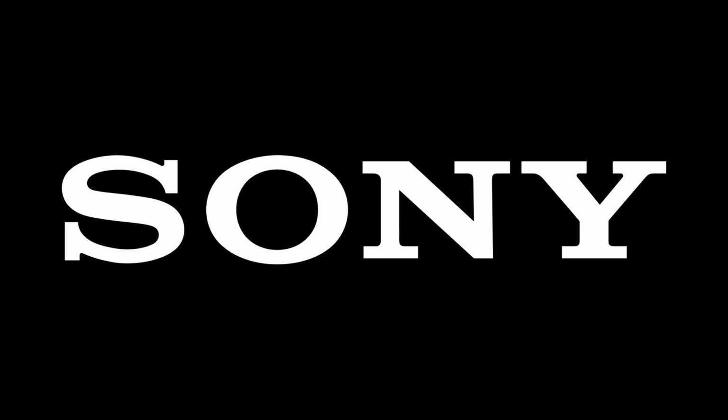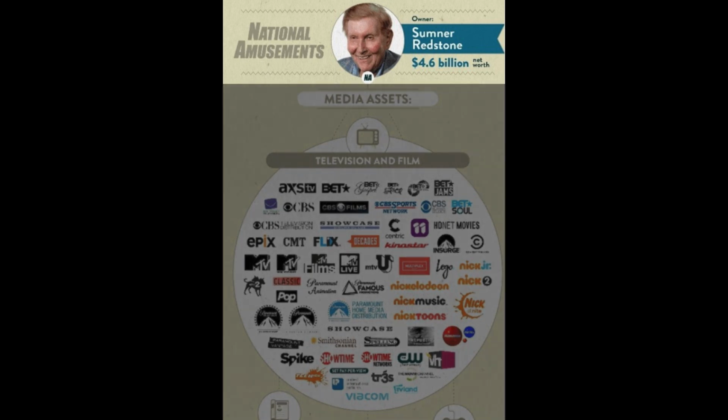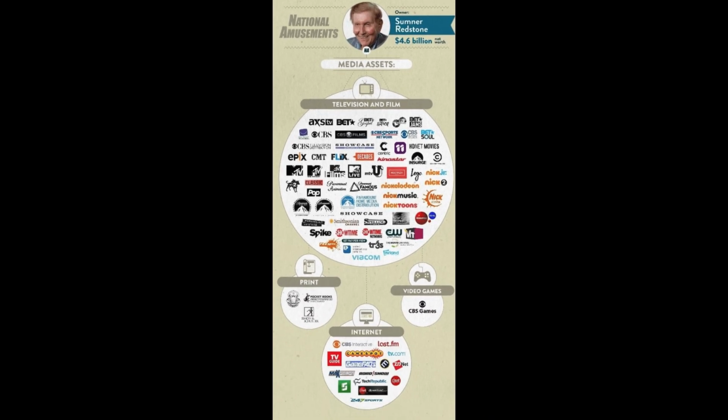And let's just look at a few of these in a little bit more detail. Let's start with National Amusements, which is owned by Sumner Redstone, who has a net worth of $4.6 billion. You'll notice that the television and film assets of National Amusements are channels that you're probably very familiar with. There's CBS, MTV, Nickelodeon, Paramount, Showtime, Spike, VH1, all kinds of channels, right?